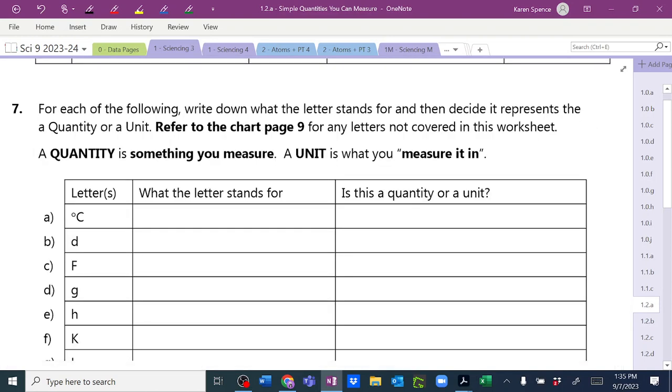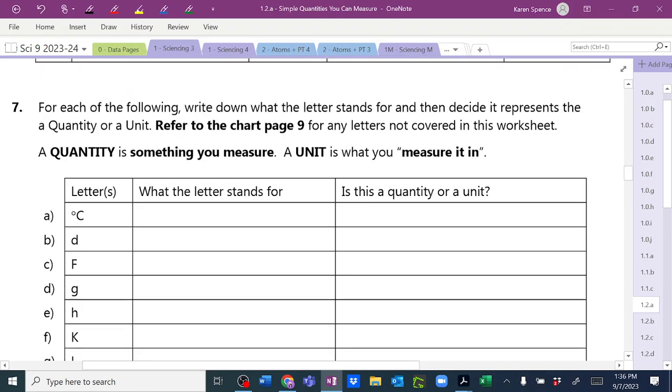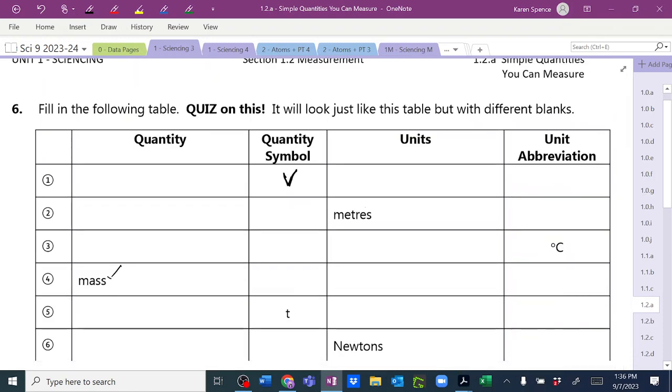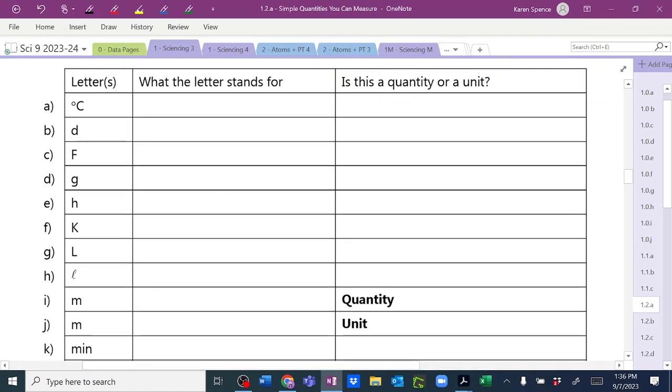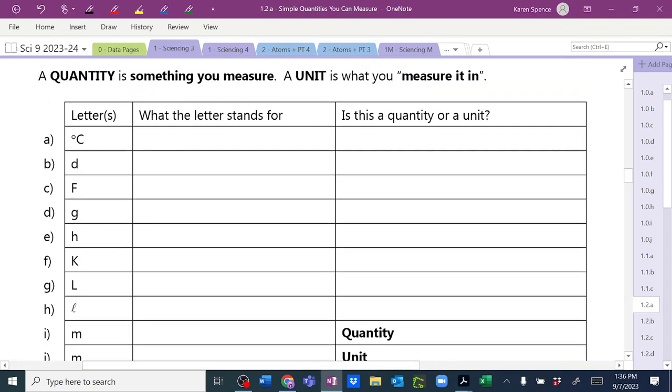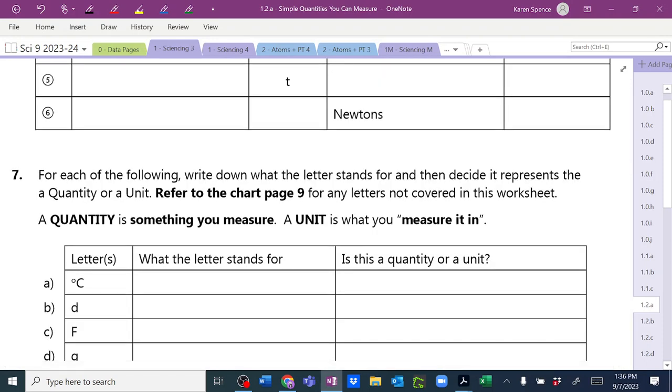So, in order to get you prepared for that, for the homework tonight, you're going to do page 21, and 22.